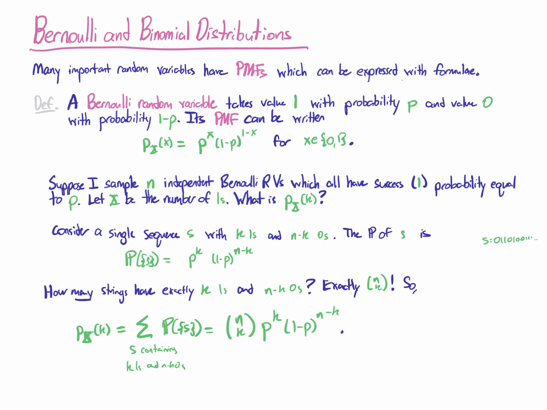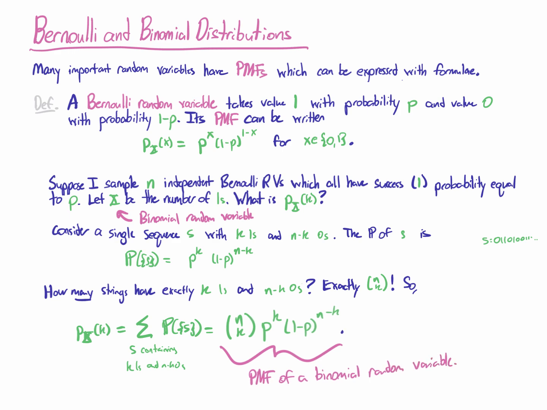This random variable has a special name. This is also very important: the number of successes in a series of independent trials is called a binomial random variable. And what we have just derived here is the PMF of a binomial random variable.